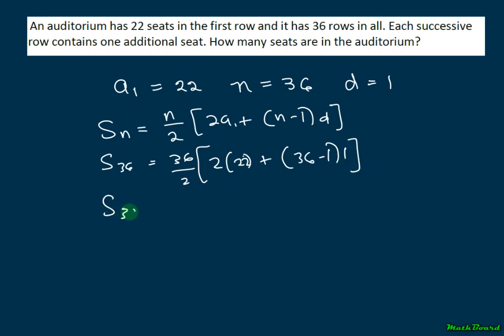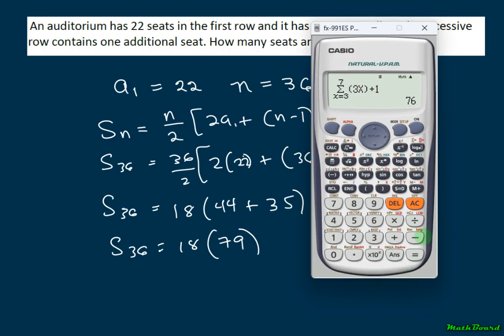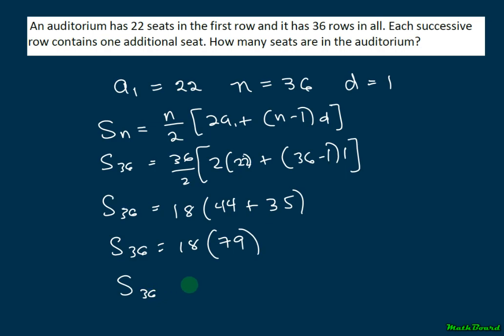Okay, so S36 equals 36 over 2 is 18, times 2 times 22 is 44, plus 35. So S sub 36 equals 18 times 44 plus 35, which is 79. 18 times 79 is 1422. So, 1422 yung total number of seats.